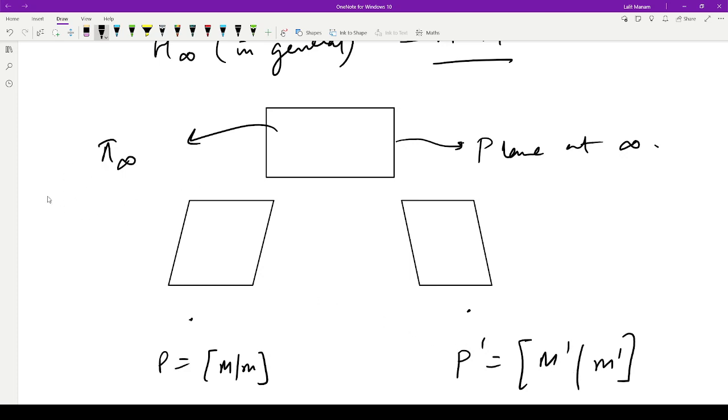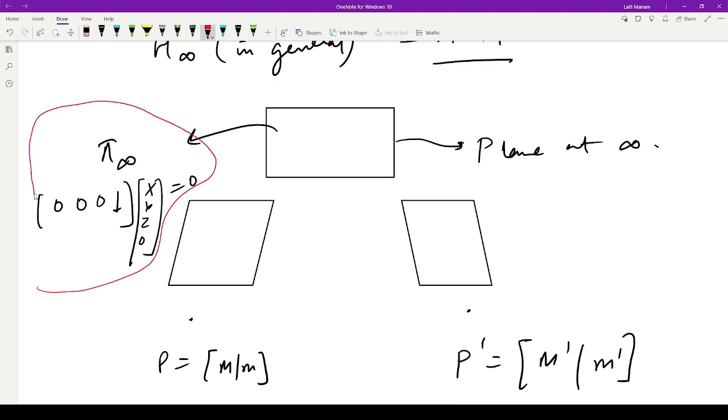Yeah, that's true. So the plane at infinity is something like this, if you remember correctly. All the points will have coordinates like this, so that this into this is zero. This is just as a side note. This part is clear, right? Great. So this is the vector which represents the plane at infinity, and these are the points at infinity. Okay, this is fine.